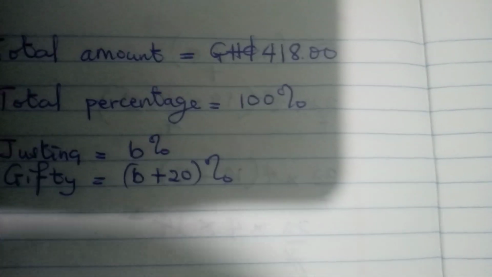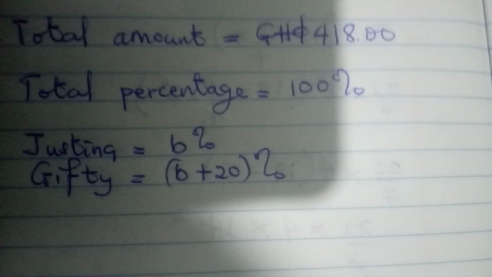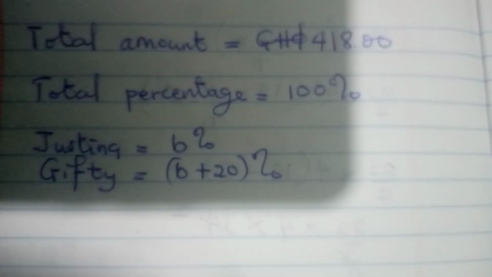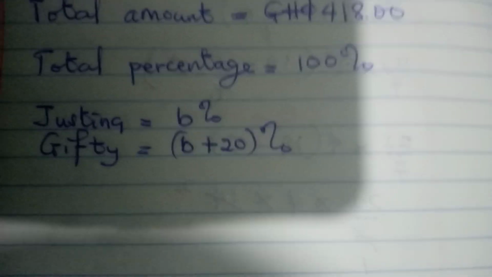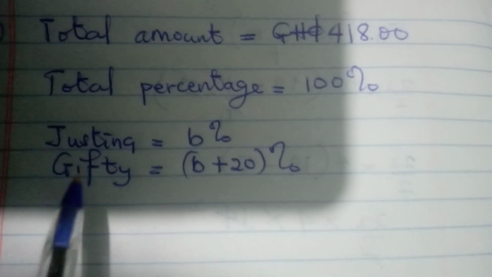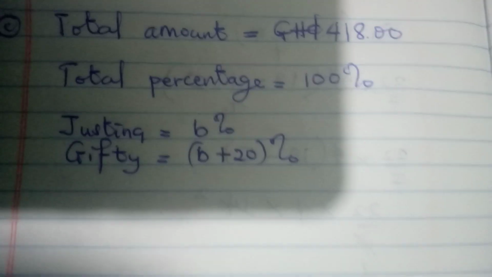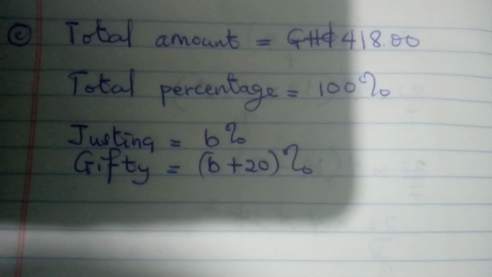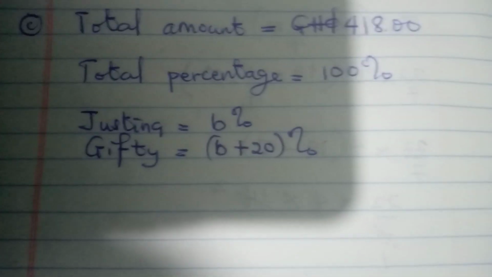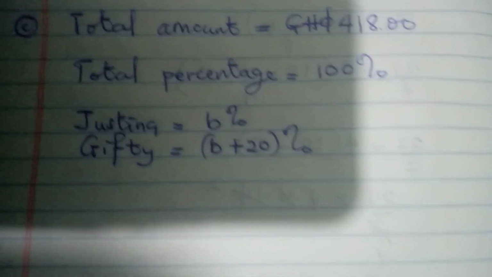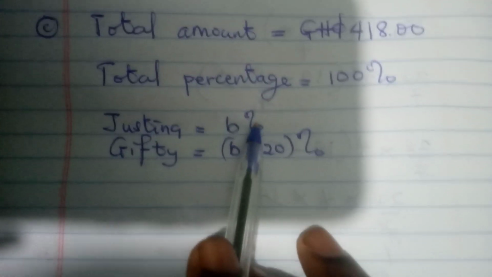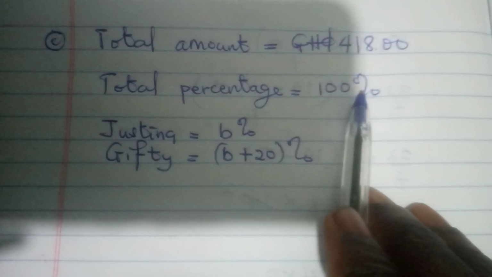We are dealing in terms of percentage because the question said Gifty had 20% more than Justina. So if the total amount shared in percentage is 100%, then Justina's share should be B%. We don't know the percentage. But Gifty received what? 20% more than Justina. Good. So in terms of percentage, adding Justina's share and Gifty's share will give us the total percent.